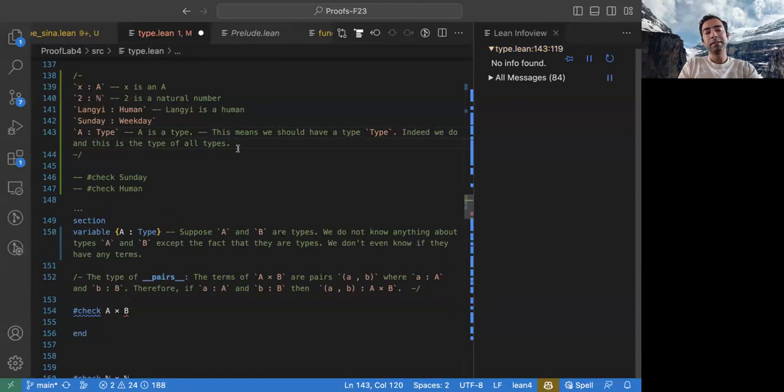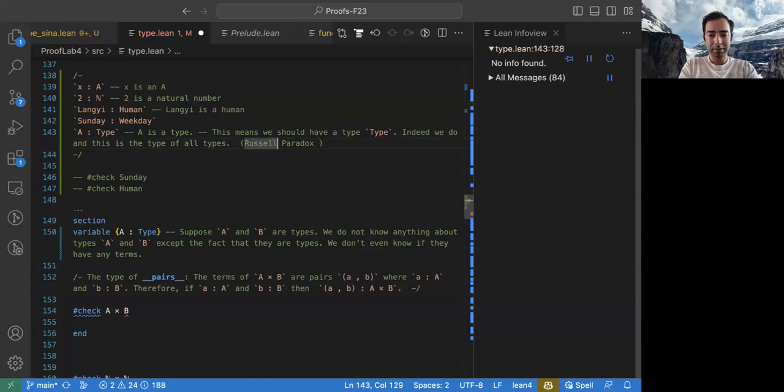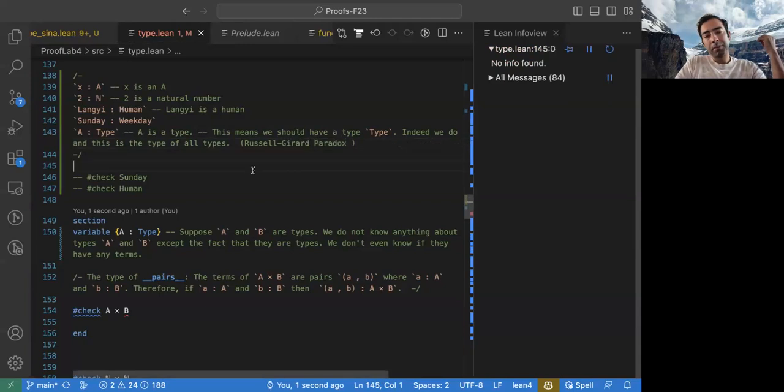So later we will see that this will lead to a contradiction if we have a type of all types. It's called Russell's paradox, or Girard's paradox, after the French mathematician Girard. So we cannot have a type of all types. The reason for this, as we will learn later, has to do with size issues.